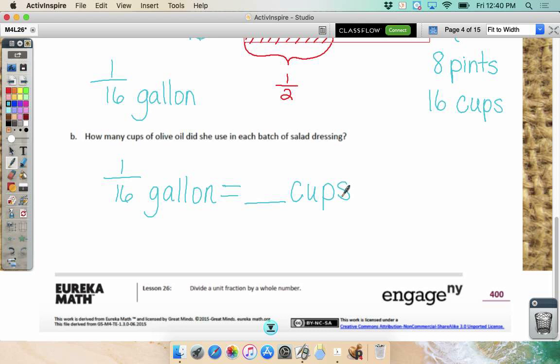So what do you think? How much would 1/16 of a gallon measure if I poured it into something? A cup. A cup. Yep. Now it'd be 1 cup.